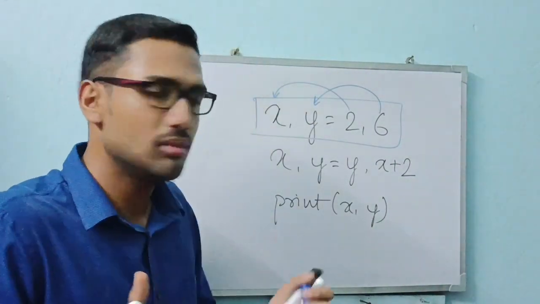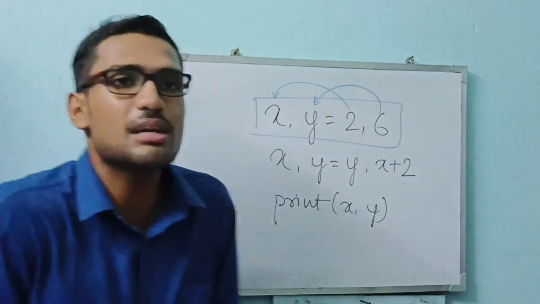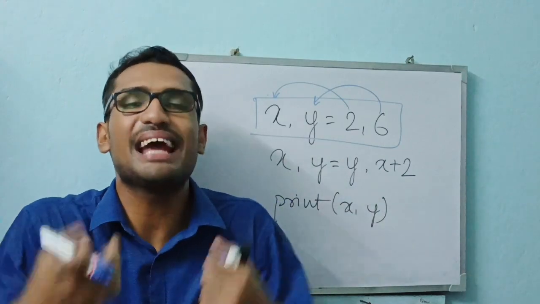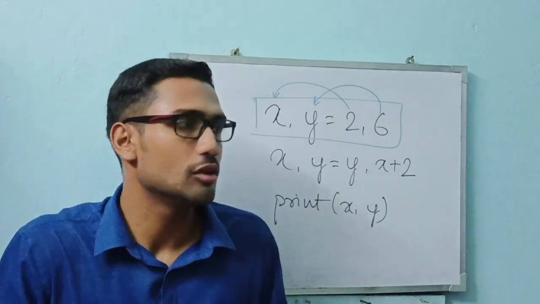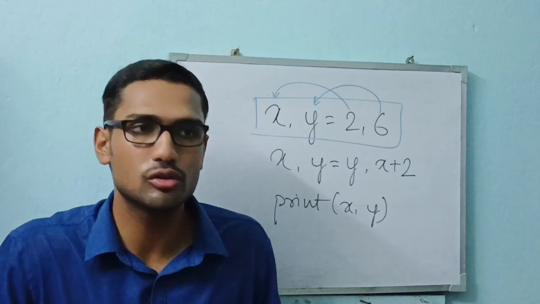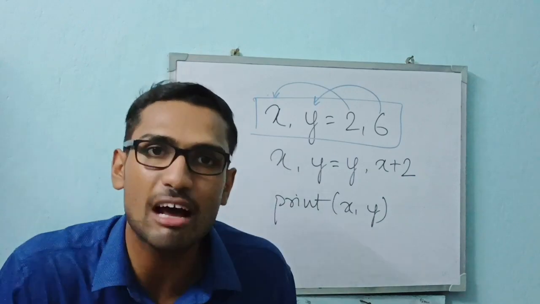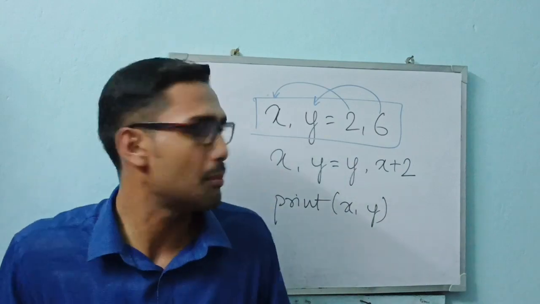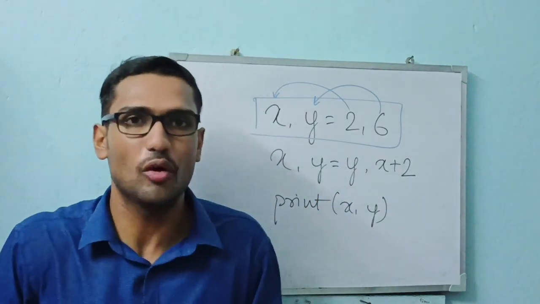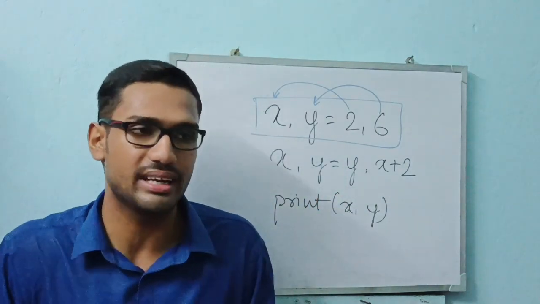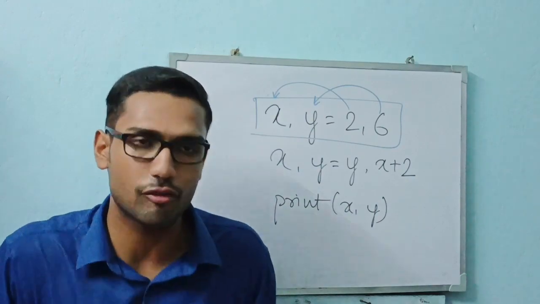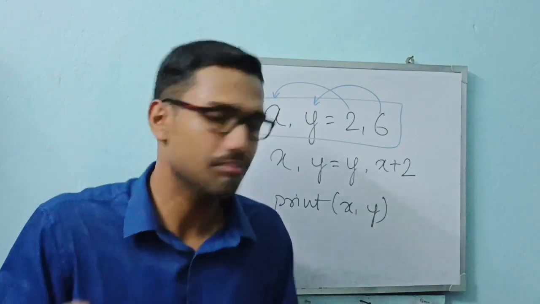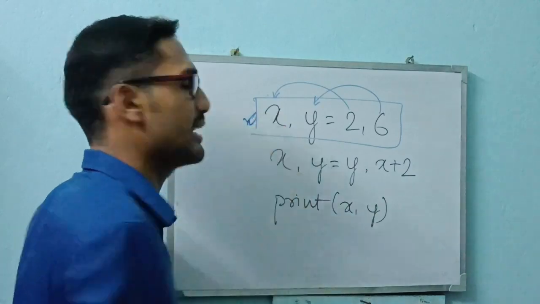You can assign those values separately too, but since it's an output type of question, it will be a little bit tricky, so you need to understand it. The concepts are very important in order to solve output type of questions. This statement is clear to you.